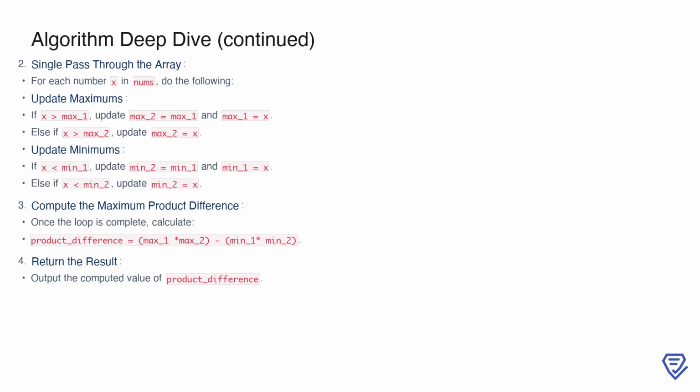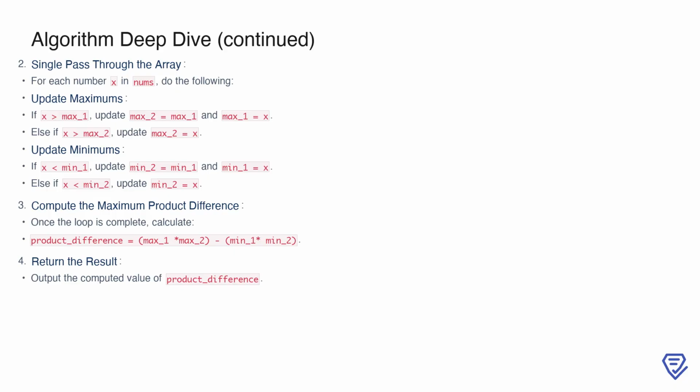During the single pass through the array, we process each number to determine if it updates the maximums or minimums. For the maximums, if the number is greater than max_1, we shift max_1 down to max_2 and assign the new number to max_1. If the number is not larger than max_1 but is greater than max_2, we update max_2.